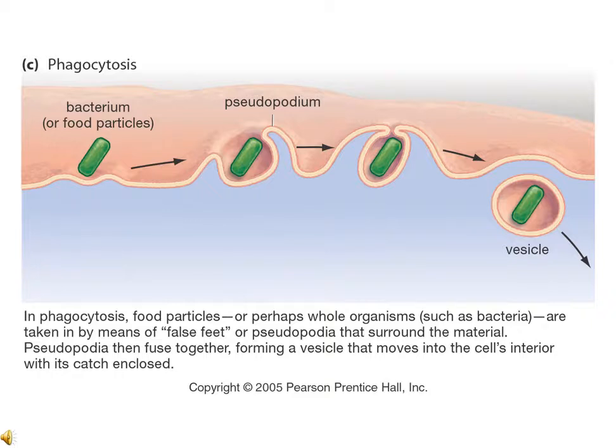Or you might look at a white blood cell coming in contact with a bacterium, and the bacterium being engulfed and encased in a vesicle and eventually digested and destroyed, and so on. So all of these processes that we discussed are important in the way cells go about bringing material in and, of course, getting material out.